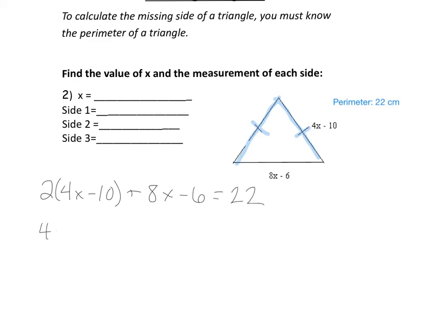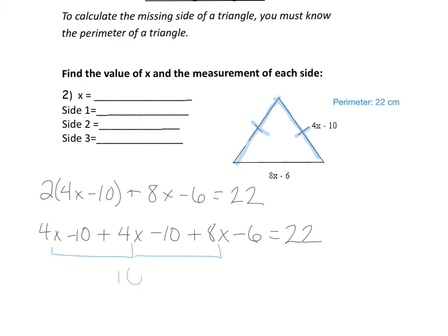If we would rather write it out as 4x minus 10 plus 4x minus 10 plus 8x minus 6 equaling 22, we can also do that. We combine our like terms, and that gives us 16x, minus 10 minus 10 minus 6 is minus 26, and it has to equal 22.